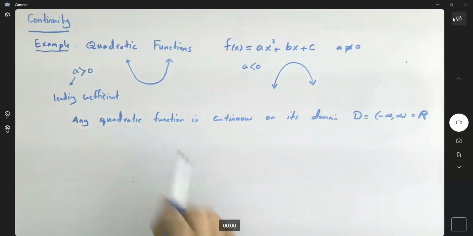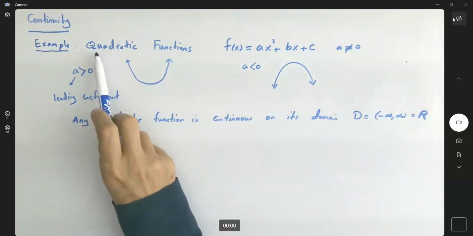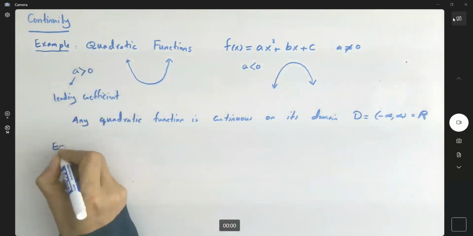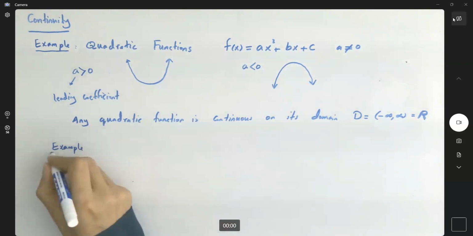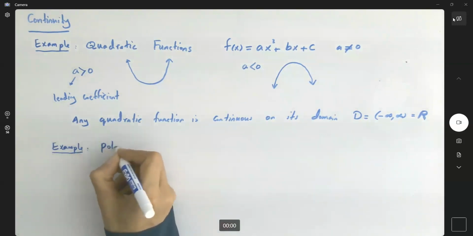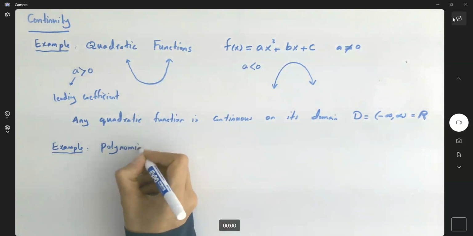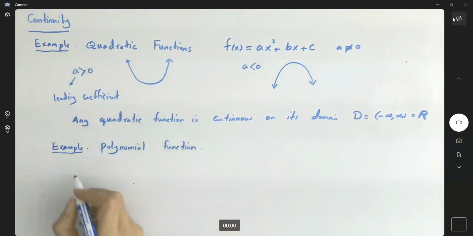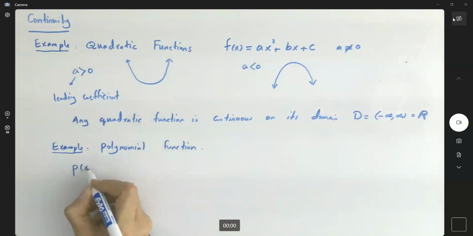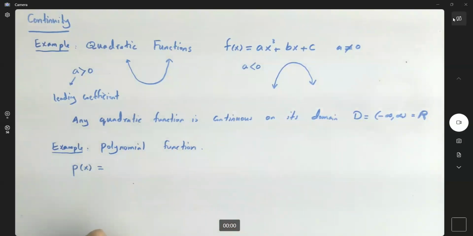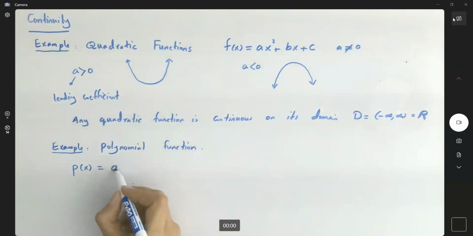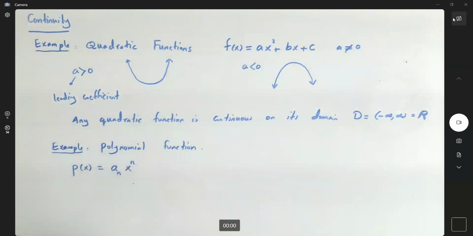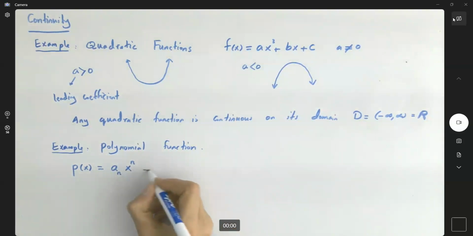In general, we can generalize the idea to any polynomial function. A polynomial function is defined as p of x equals a sub n x to the power n plus.